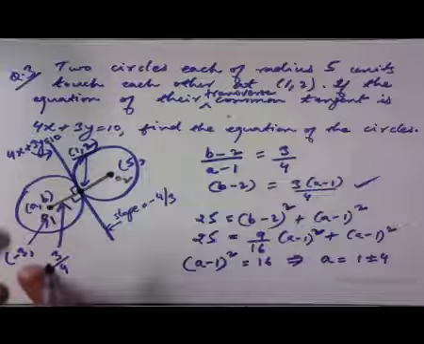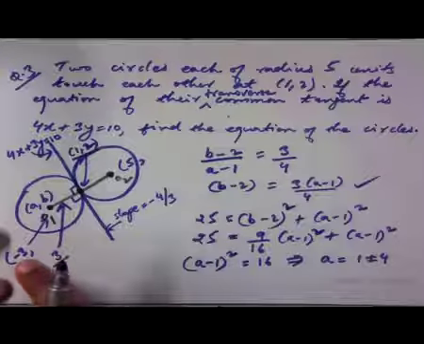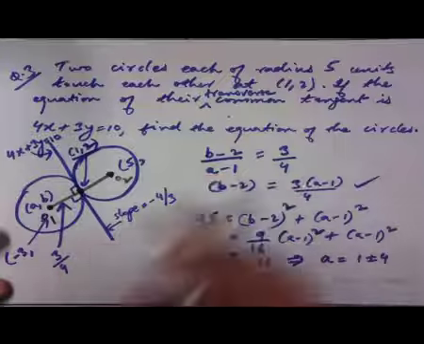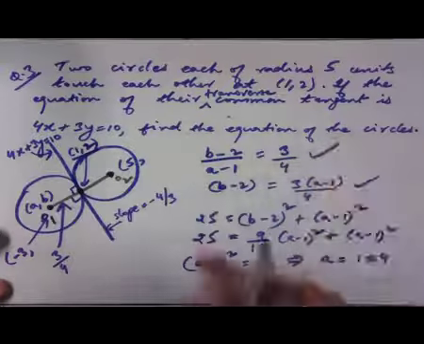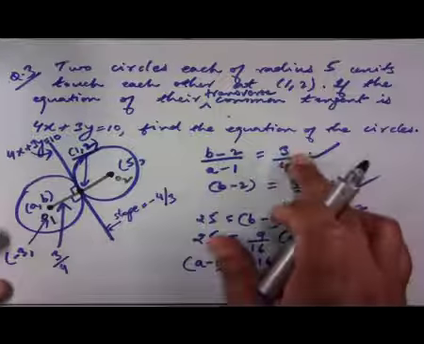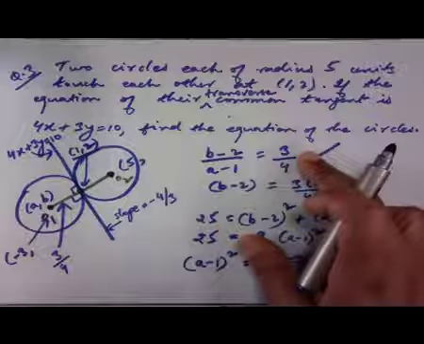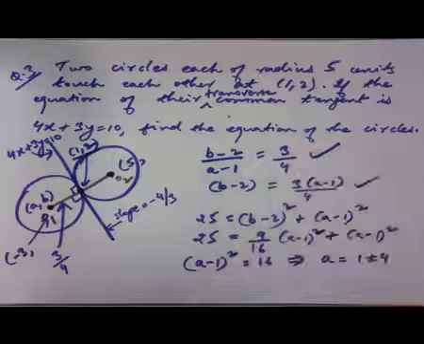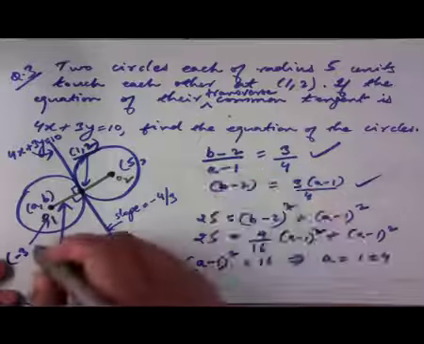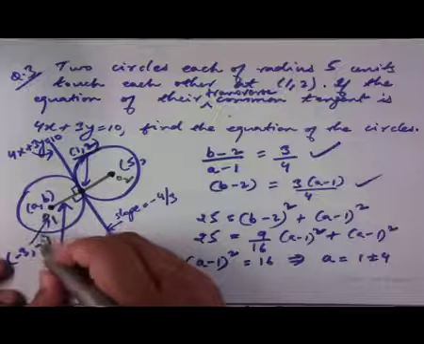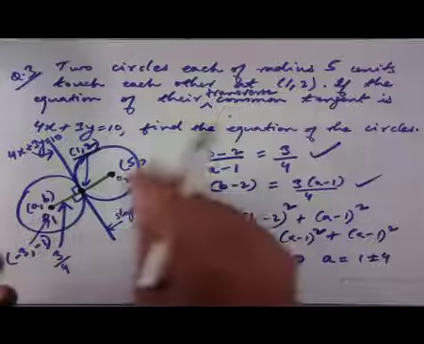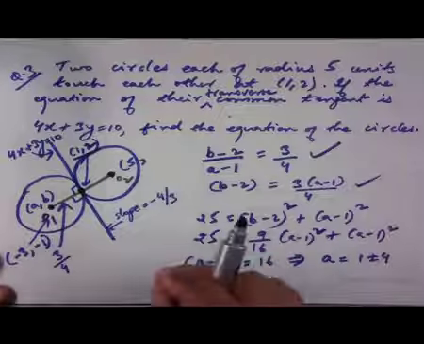And now, if the x coordinate is minus 3, which is a, then the y coordinate, which is b, we can find using this equation. So b minus 2 will be 3 by 4 into minus 4, which is minus 3, and therefore, b will be equal to minus 1 for this point, and for this point it will be 5.